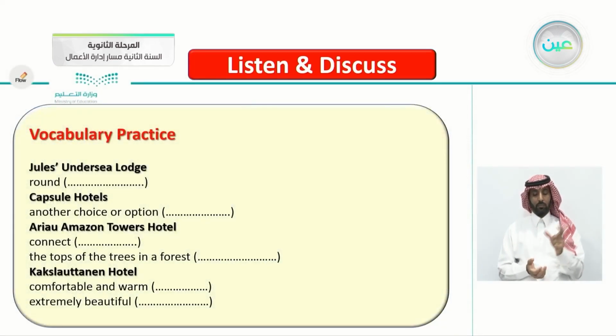So here's a vocabulary practice from the articles. Jules Undersea Lodge. The word round. Can you give me a synonym or a word that is like the word round in the first article, Jules Undersea Lodge? Yes, the word circular.